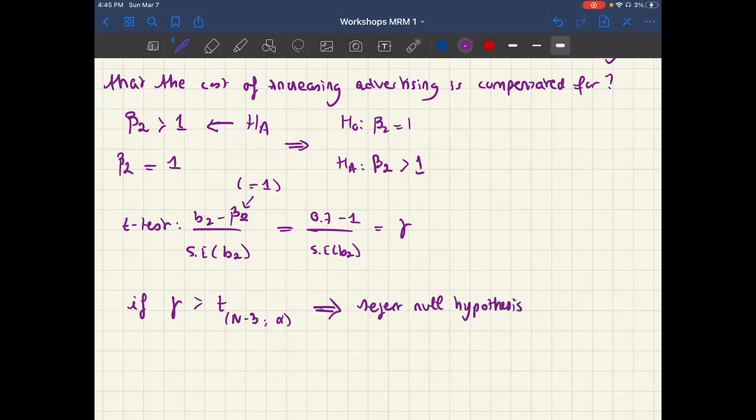Otherwise, fail to reject. And if you reject the null hypothesis, you're 1 minus alpha percent sure that beta 2 is indeed greater than 1. So in other words, if you increase advertising by 1 unit, the increase in sales will cover the cost of increasing advertising by 1 unit.